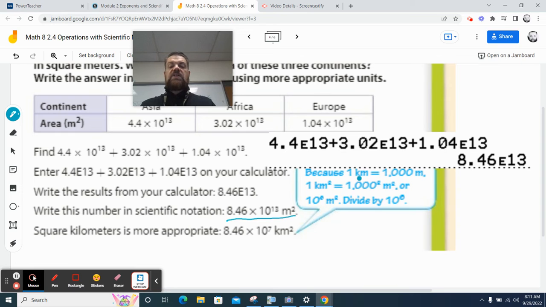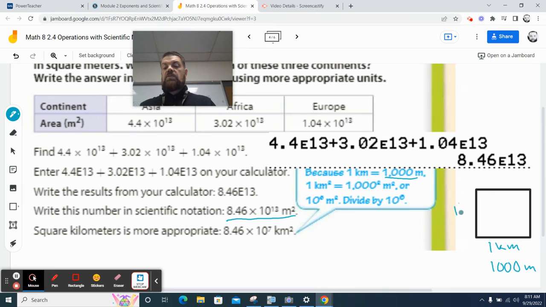And then what they say, because 1 kilometer is 1,000 meters, and let me show you a little bit different what they're saying. If this is 1 kilometer, that's the same as 1,000 meters. And then this would also be 1,000 meters.